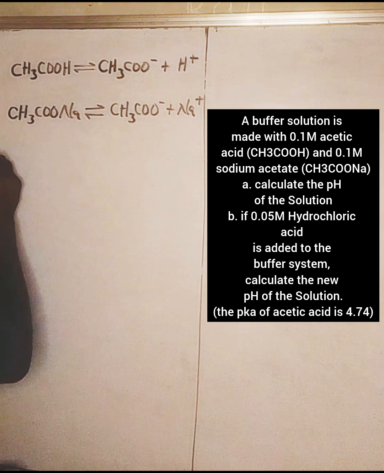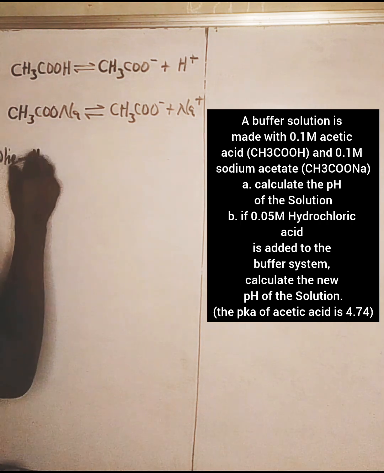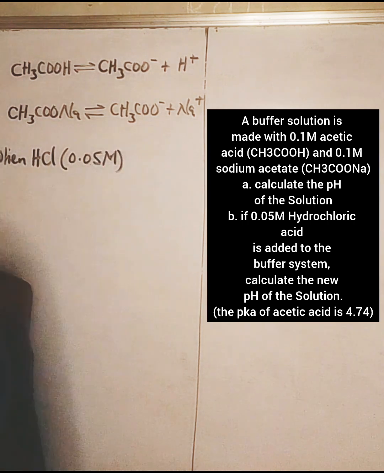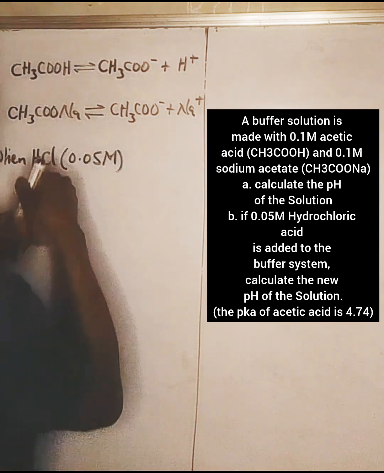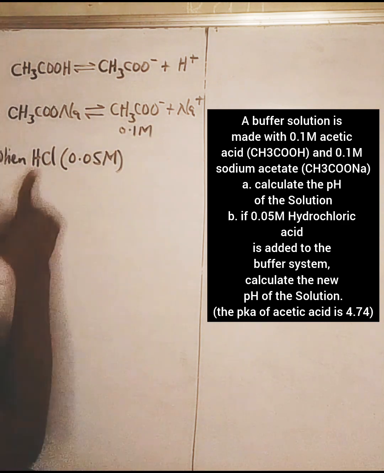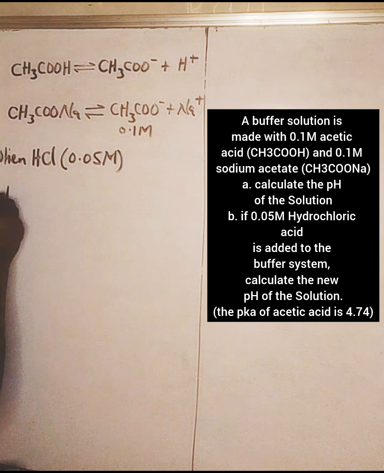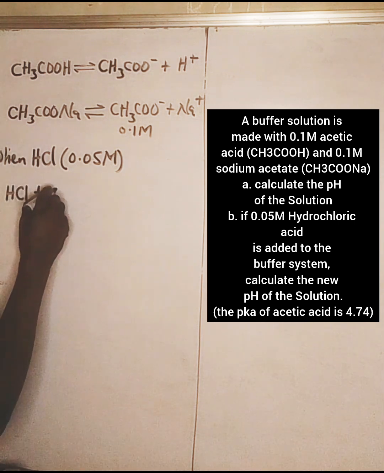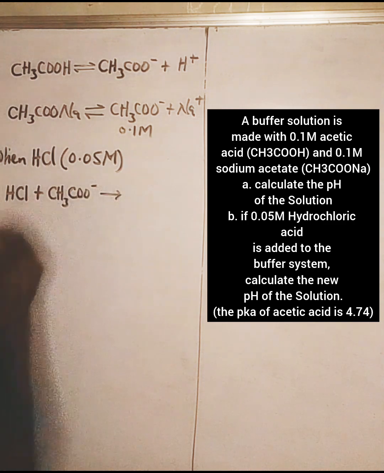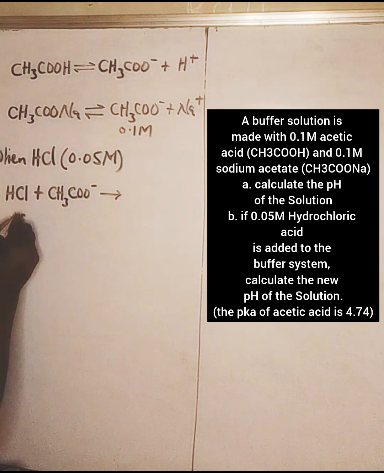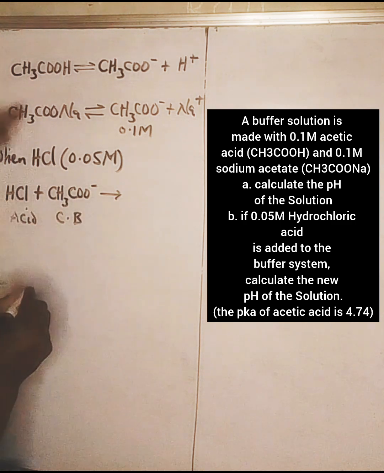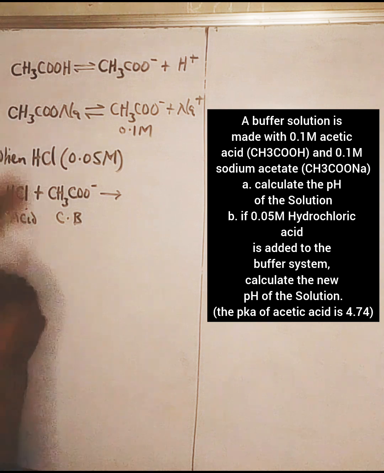Now, when HCl is added, HCl is 0.05 molar. When HCl is added to this system, remember, the acetate ion is 0.1 molar. HCl will attack this acetate ion, thus HCl plus acetate ion. What happens is that this is a stronger acid, and this is a conjugate base of the original acid, which is a weak acid.